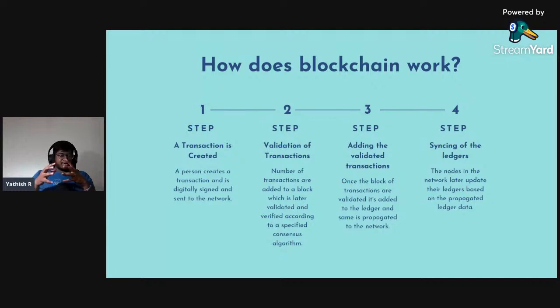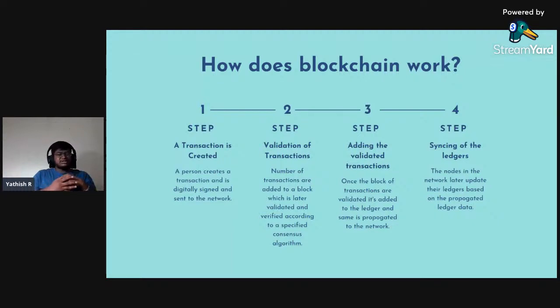Now, what is going to happen? This is the second step, where there are miners and validators, and depending upon different networks, there are different kinds of actors validating these networks. Let's take, for example, only Bitcoin, where the miners come in. The miners take, let's say, 10 or 15 different transactions at the same time, like mine, since there will be 10 or 15 other people doing the same kind of transaction.